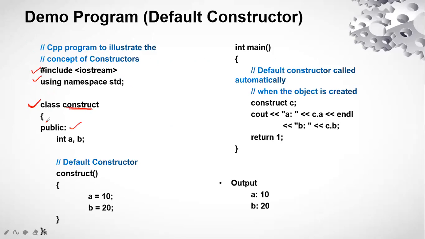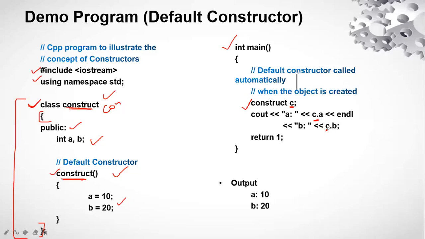Then I have started the curly braces, public, and in the main program I am going to print c.a and c.b. This is for printing the values of the instance of class construct, that is c. These are the data members, c.a and c.b.